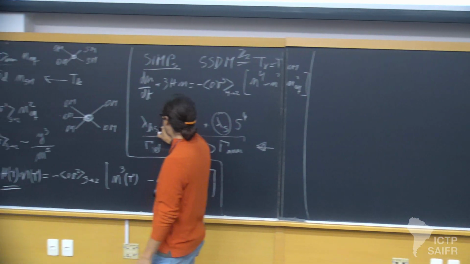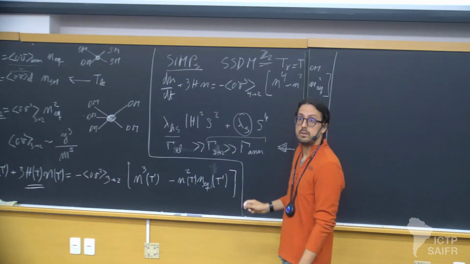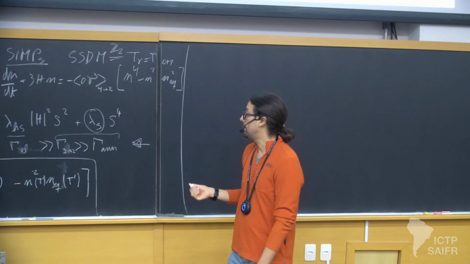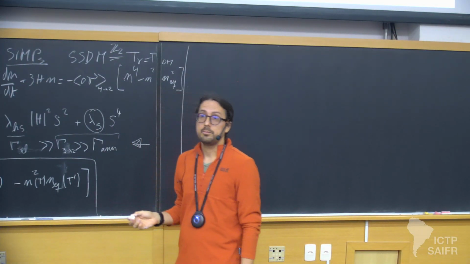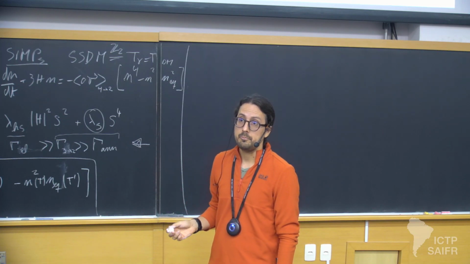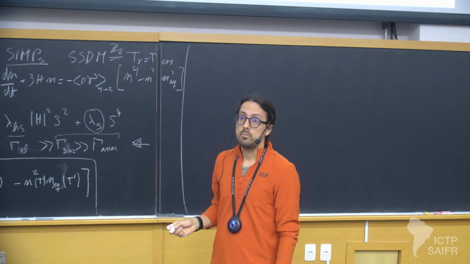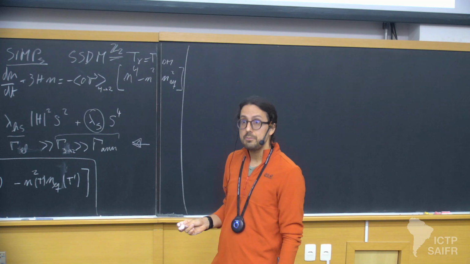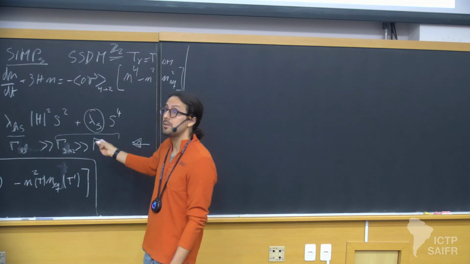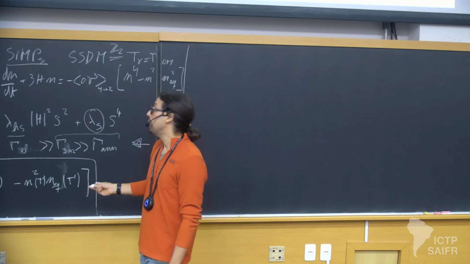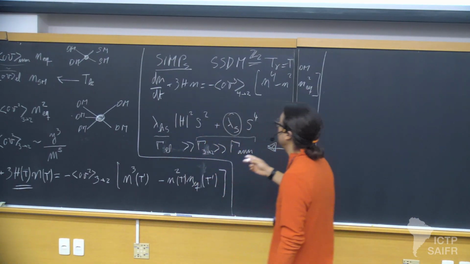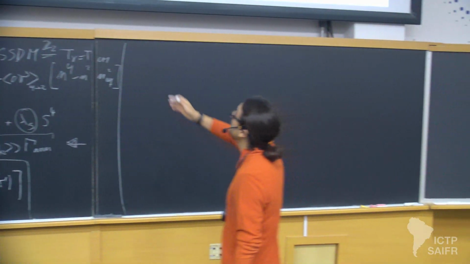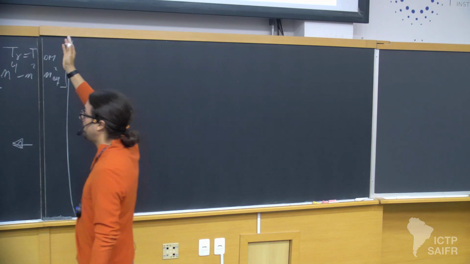Yes, so this cannot be zero, right? Because you still want to have kinetic equilibrium. You still have elastic scattering. You can have direct detection, for instance, via Higgs. So this is not the best model for doing SIMPs because you need light dark matter, right?